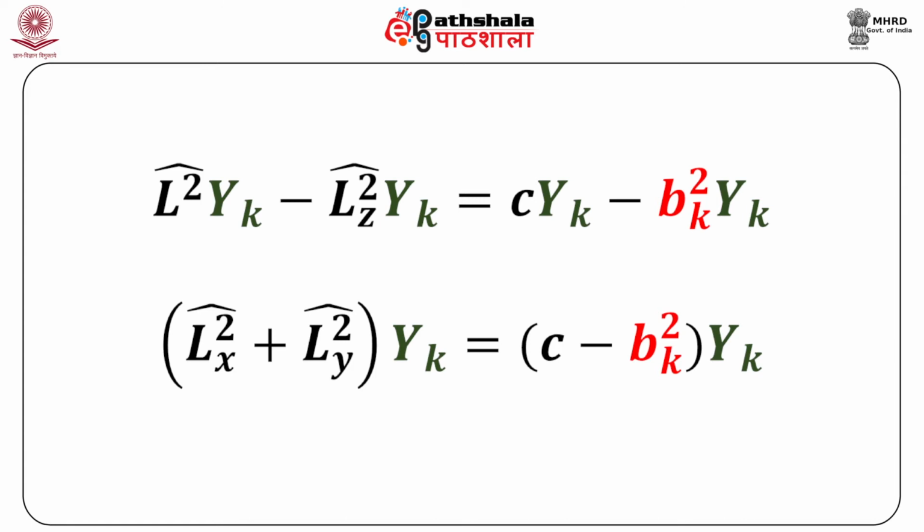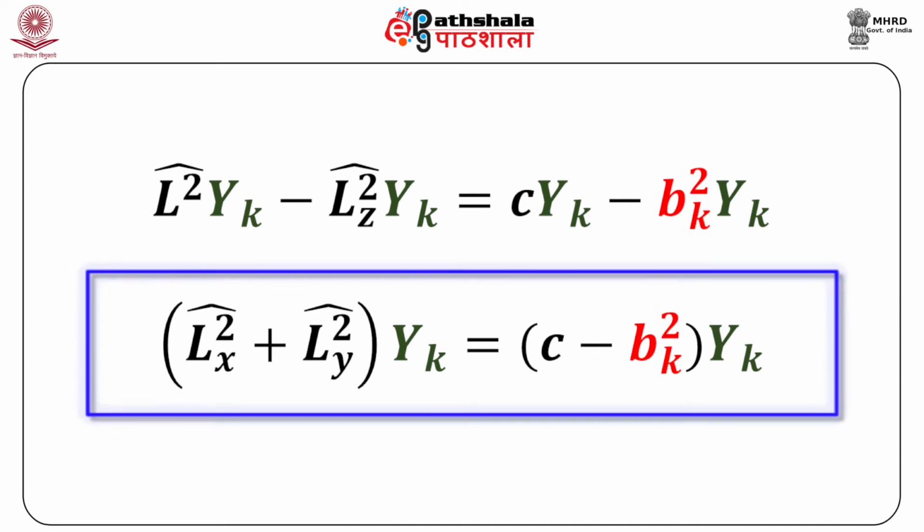Now, the left hand side expression can be rewritten as L square minus Lz square equals Lx square plus Ly square. So, we now have on the left hand side (Lx square plus Ly square) ψk equals (c minus bk square) ψk.